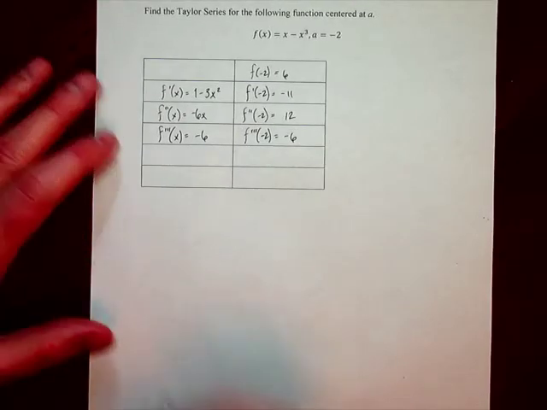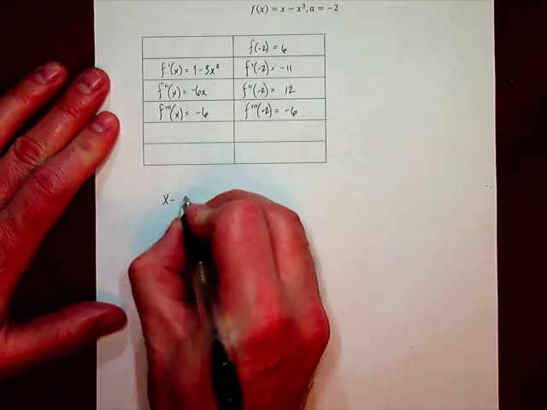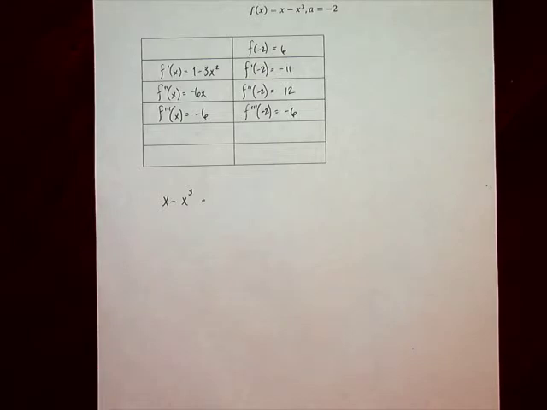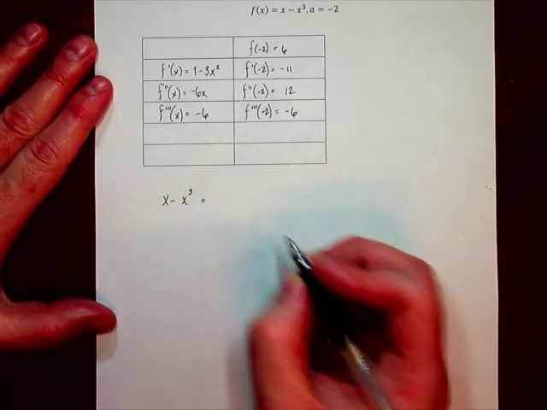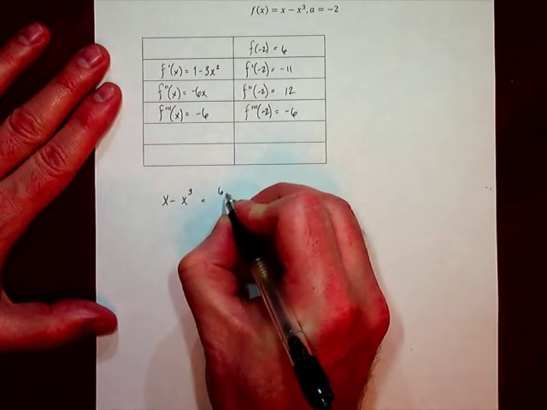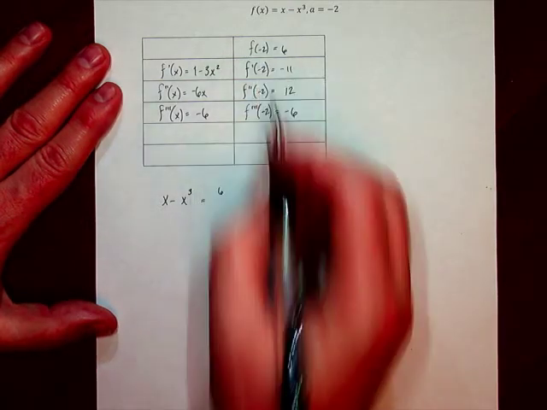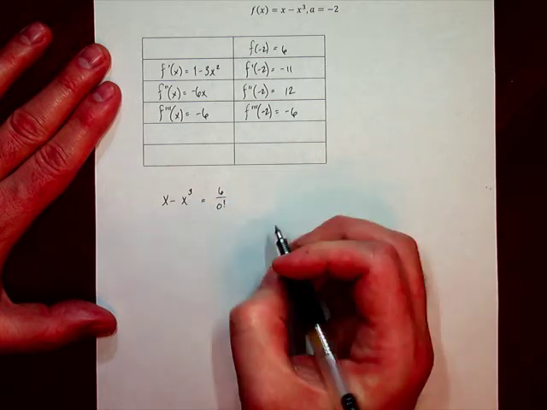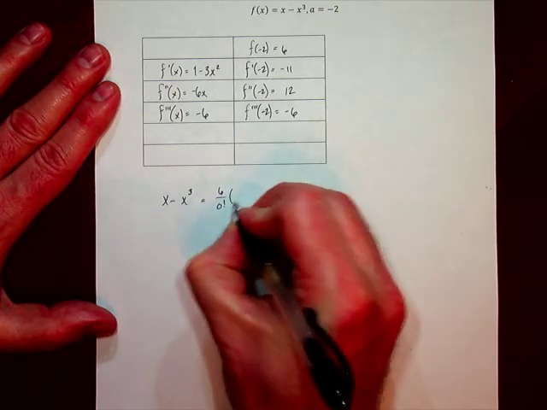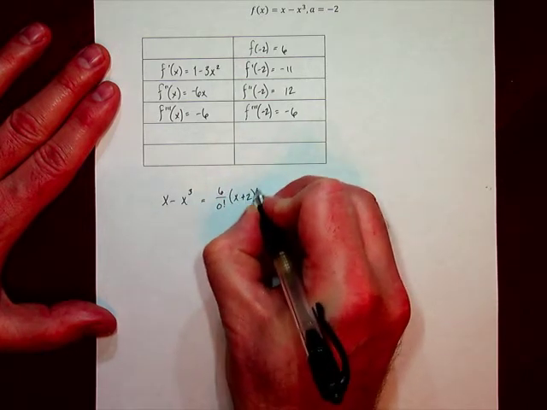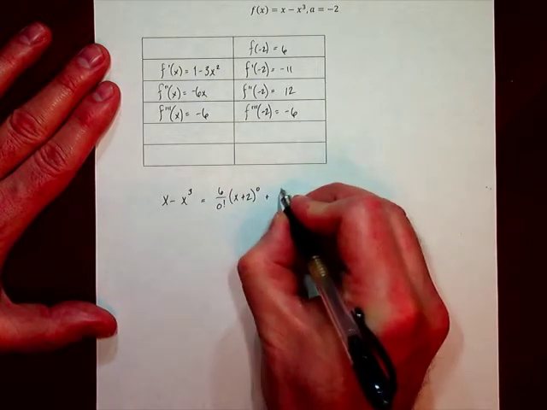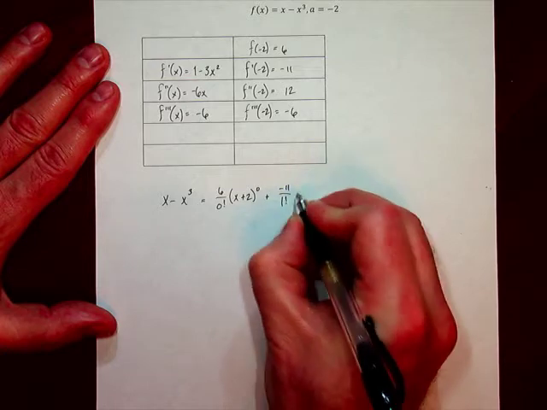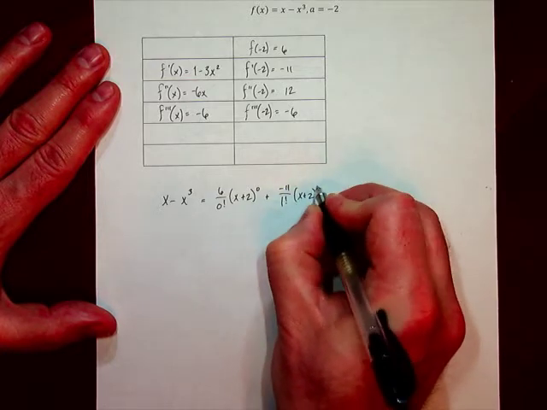Okay. But what that means is x minus x cubed, if you want to rewrite it so that it is centered at negative 2, you take that original function value over 0 factorial, and then x minus a negative 2 to the 0. And then, of course, that first derivative at negative 2 over 1 factorial, x plus 2 to the first.